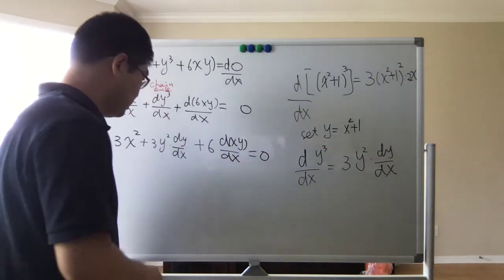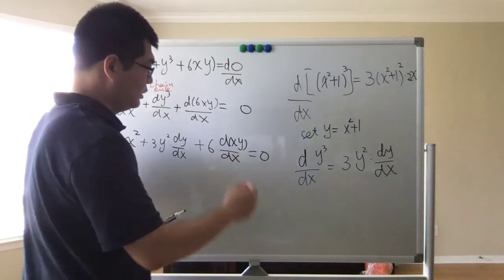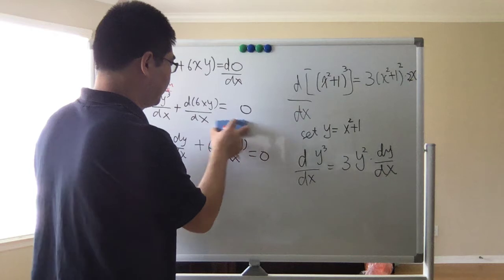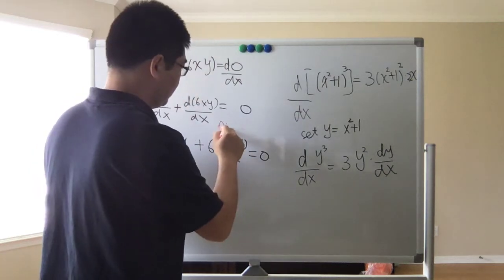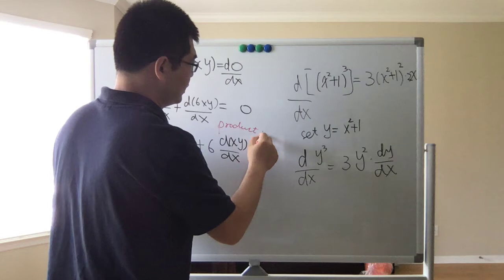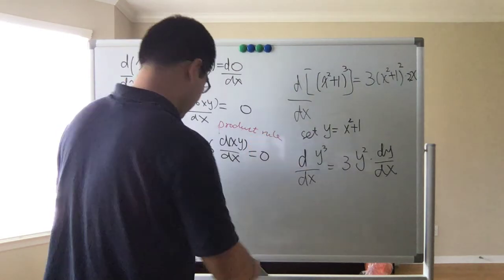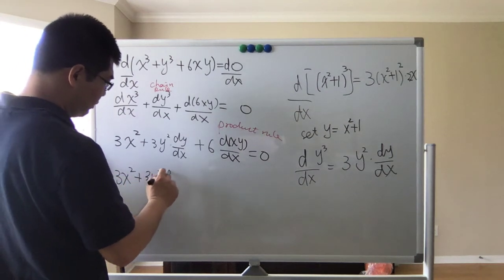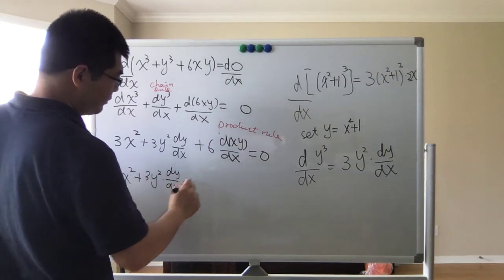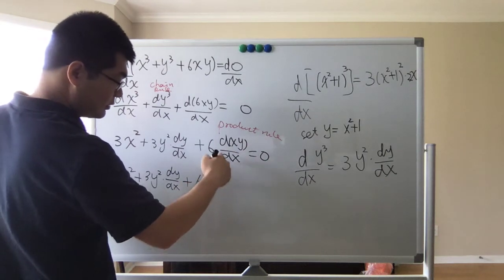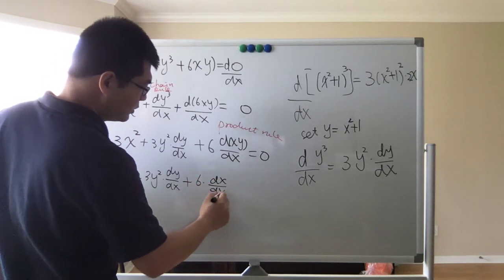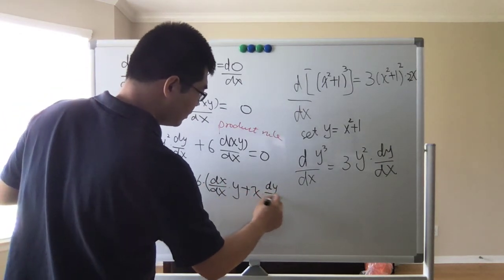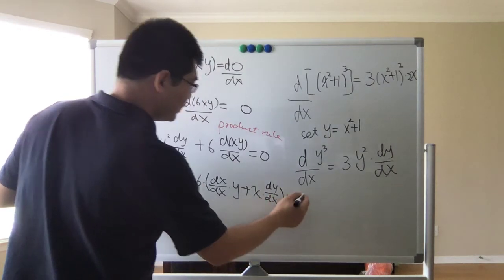So here, when you do the derivative, what you need to do is use the product rule, okay? And we have 3x squared here, we have 3y squared dy/dx, and we have plus 6. Again, the product rule says it's dx/dx times y, plus x times dy/dx, and it equals 0.